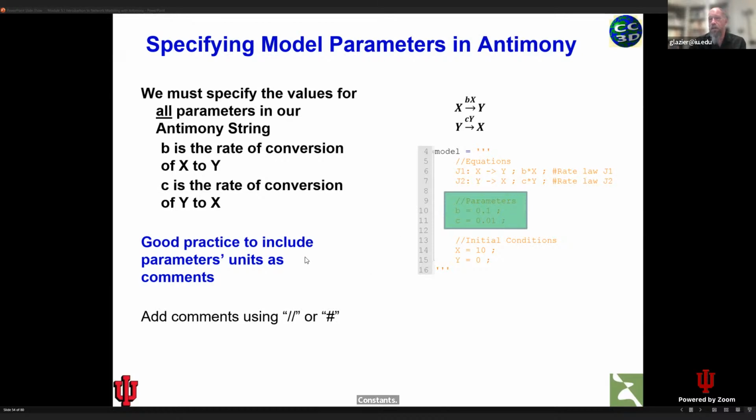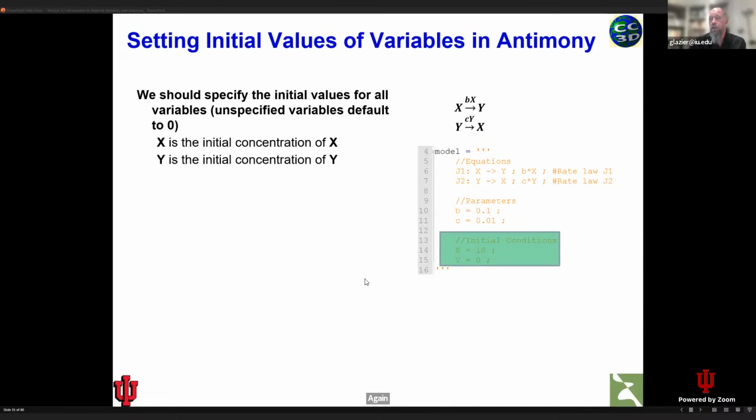It's always a good idea to have a comment that gives the units of the rates. Is this per minute, per second, and so on? Is it moles, millimoles, nanomoles, and so on? Again, double slash or hash are for comments. In our examples, I'm not going to have units defined because these are abstract concepts.